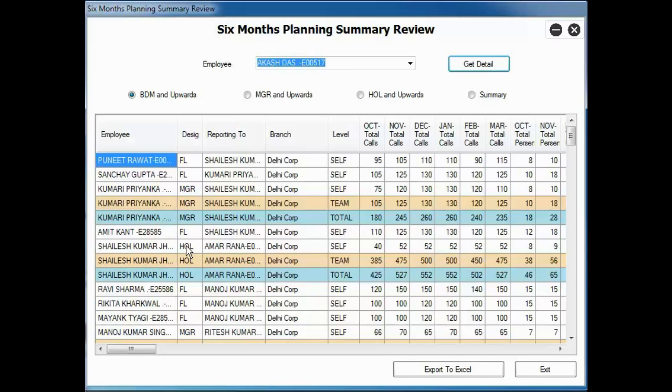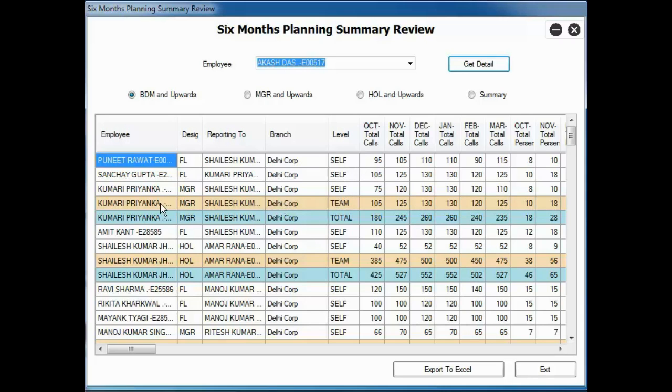If you look at it here, Priyanka Kumari is a manager who is working in Delhi Corporate. Under her, there are two people, that is Puneet Rawat and Sanjay Gupta. So if you look at it here, you have the information or the details or the numbers which are self Puneet, self Sanjay, and self for the manager Priyanka Kumari.